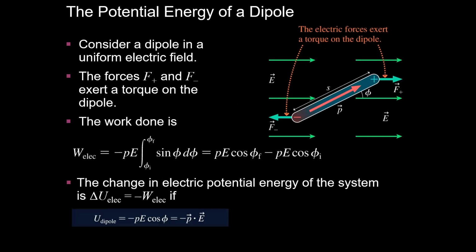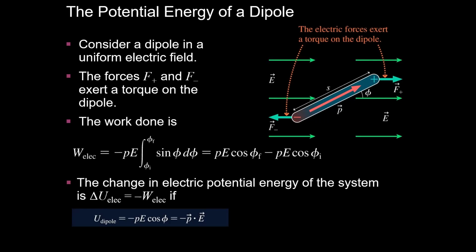What about the potential energy of a dipole? This is where we return to the concept of a pendulum, and review what the potential energy of a pendulum was in a gravitational field. If you remember, the expression for the potential energy of a pendulum was found by taking the height from the bottom, and it was equal to mgl times cosine theta.